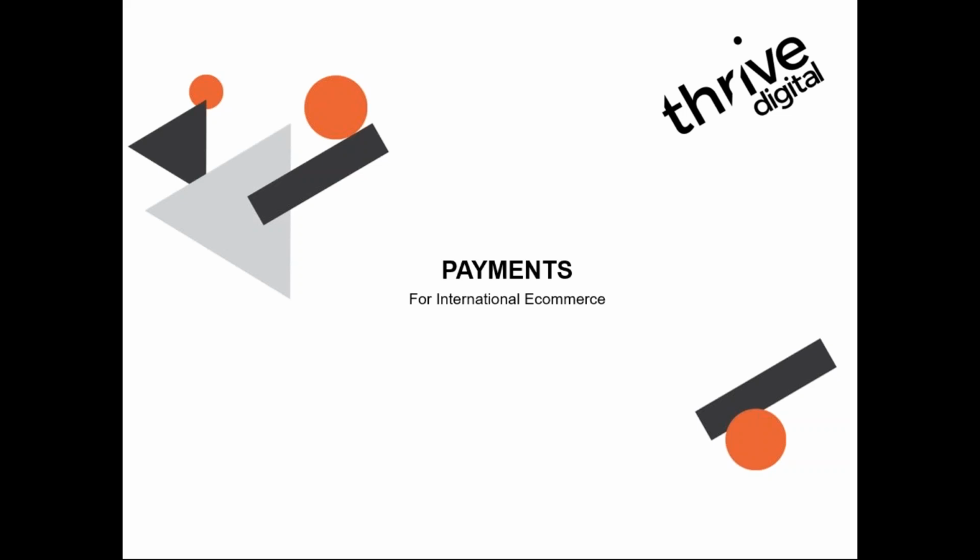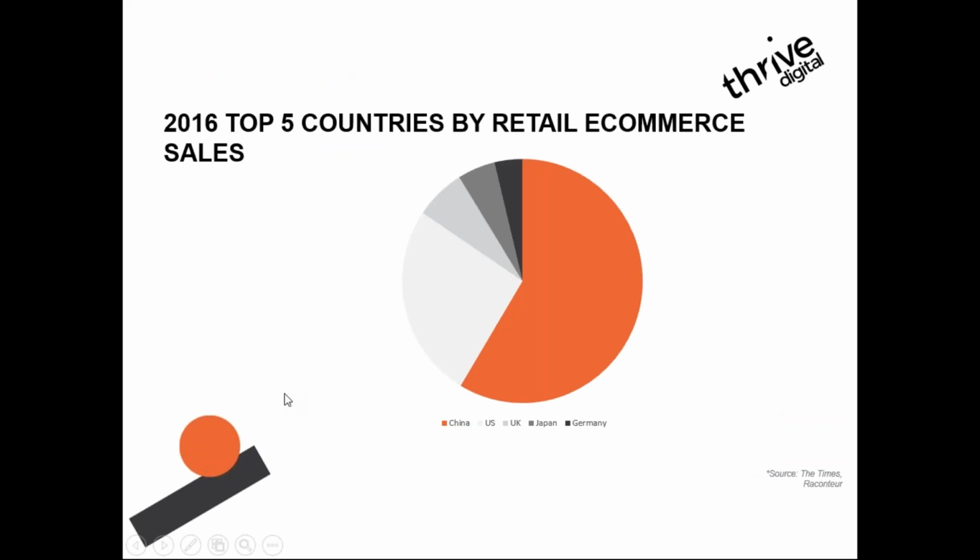So if we move to the next slide, this is a kind of interesting slide because it shows you the top 5 markets by e-commerce retail sales. So really this slide shows you the opportunity that can be gained from selling online internationally. You can see that the big red portion of the pie is China.